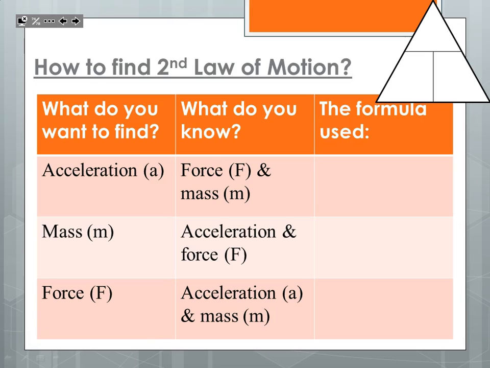For Newton's second law, in order to have acceleration, acceleration equals the amount of force over the mass. The amount of force applied over the amount of mass of the object.